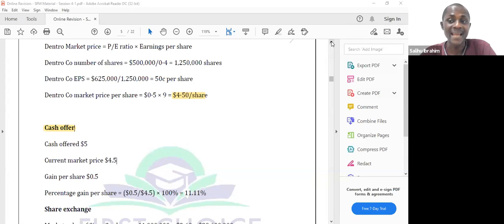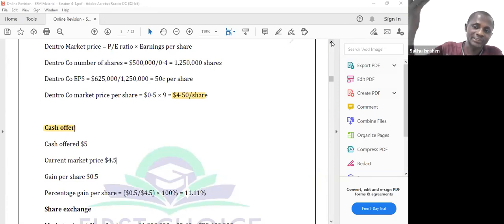So if you are going to pay cash to acquire Dentroco, you are not issuing shares, your number of shares will not increase. So your earnings will not be diluted.